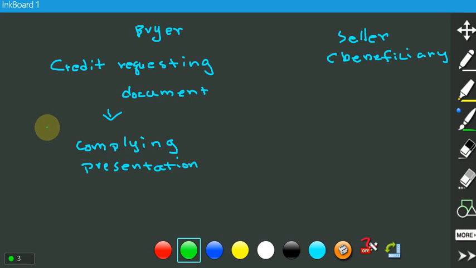This is the same meaning. In the UCP, the expression is complying presentation. This is another word for the buyer's request, right?